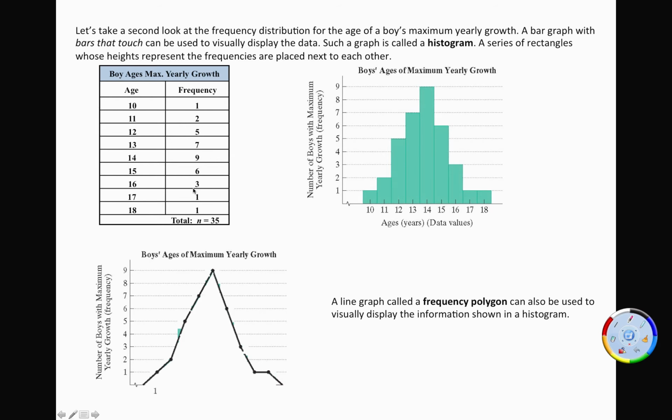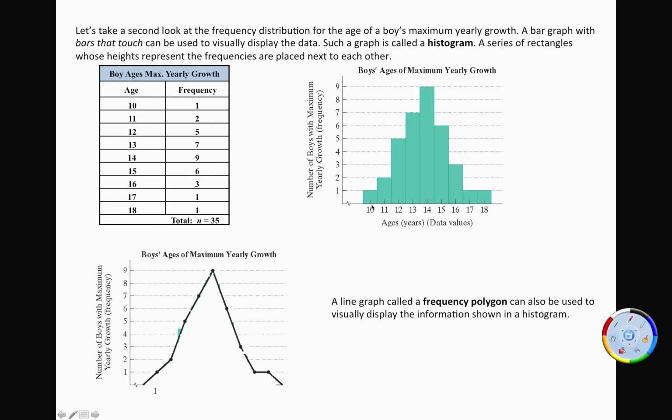A bar graph with bars that touch, that's important, the bars must touch, can be used to visually display the data. Such a graph is called a histogram. On a histogram, the bars must touch. On a bar graph, the bars do not touch. Okay, a series of rectangles whose heights represent the frequencies are placed next to each other.